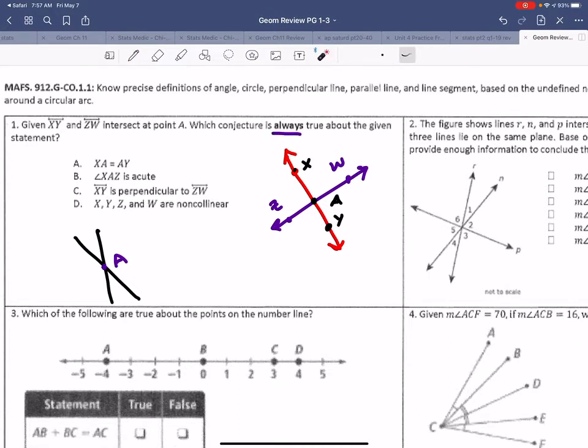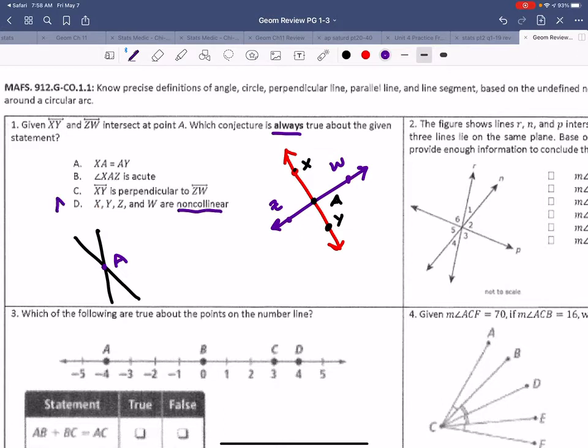So this angle here would change or would be something we don't know, but what we do know is that X and Y and Z and W have to be on different lines.